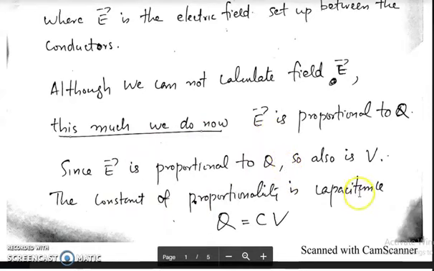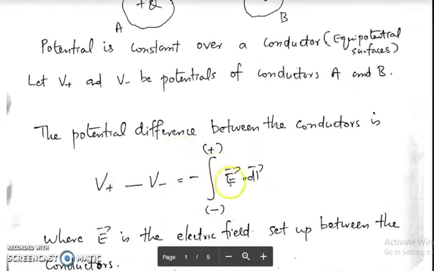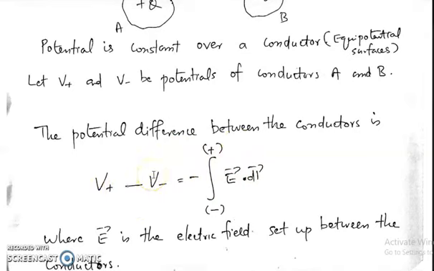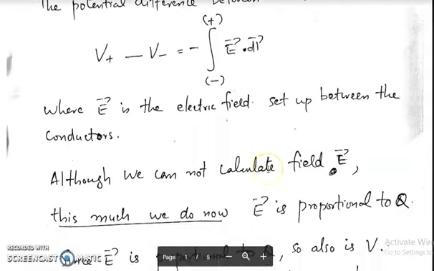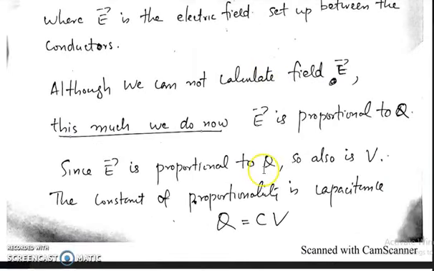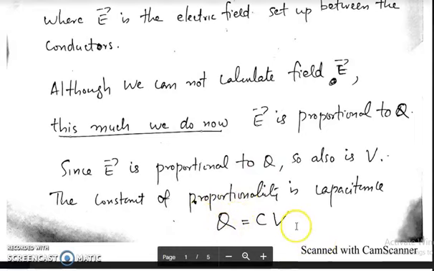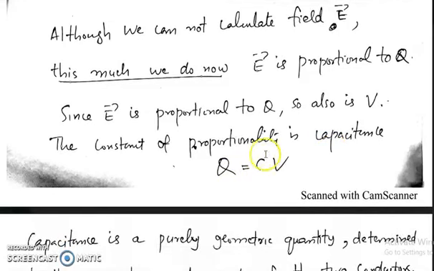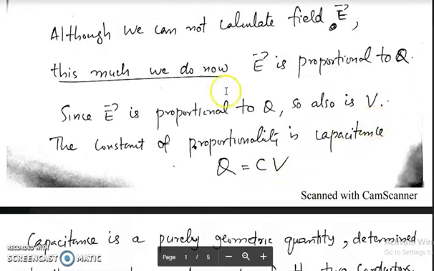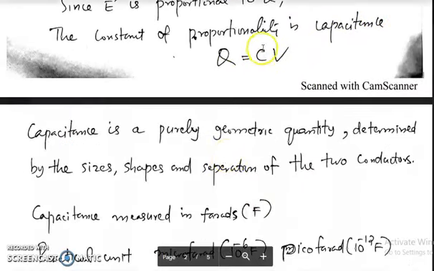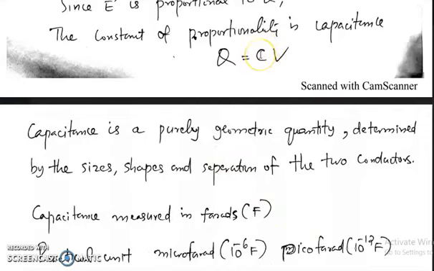Since the electric field is proportional to Q, the potential difference V, that is V plus minus V minus, is proportional to Q. So we can say that Q is proportional to V, and we have Q equal to CV, where C is the constant of proportionality, which is called the capacitance.